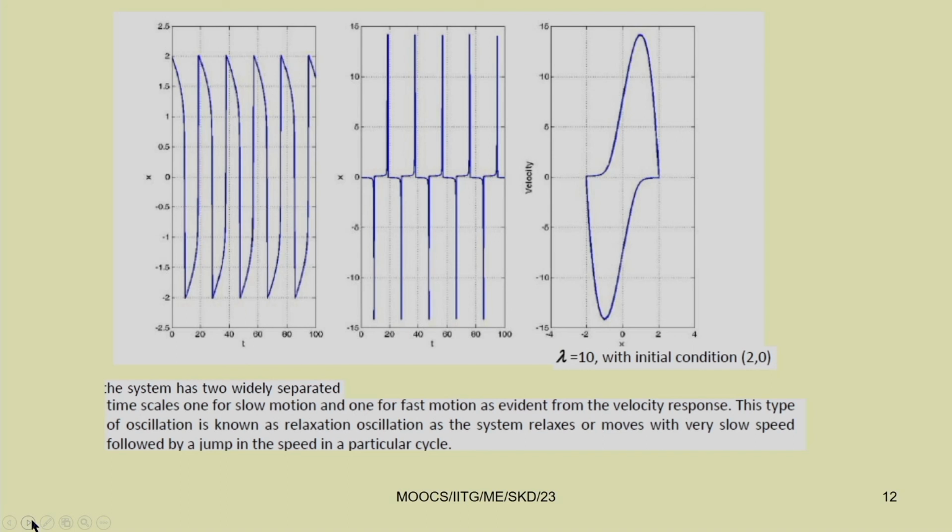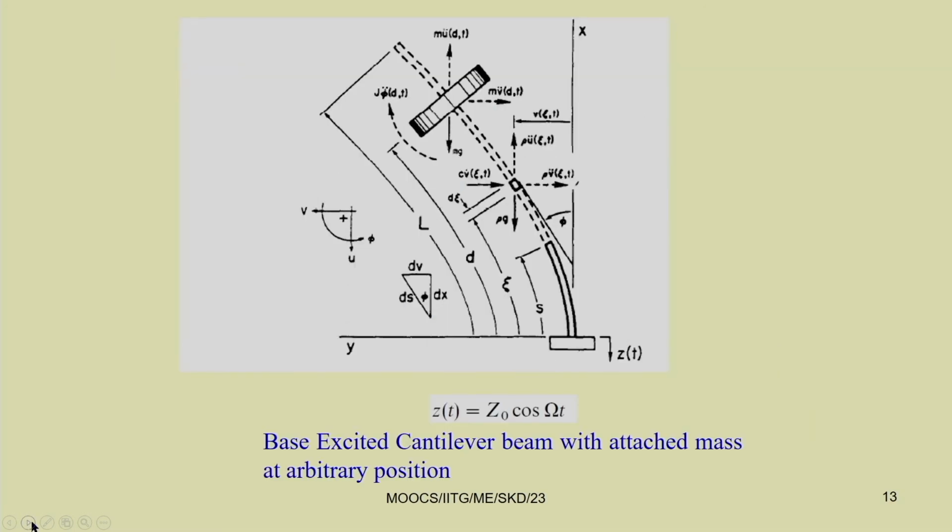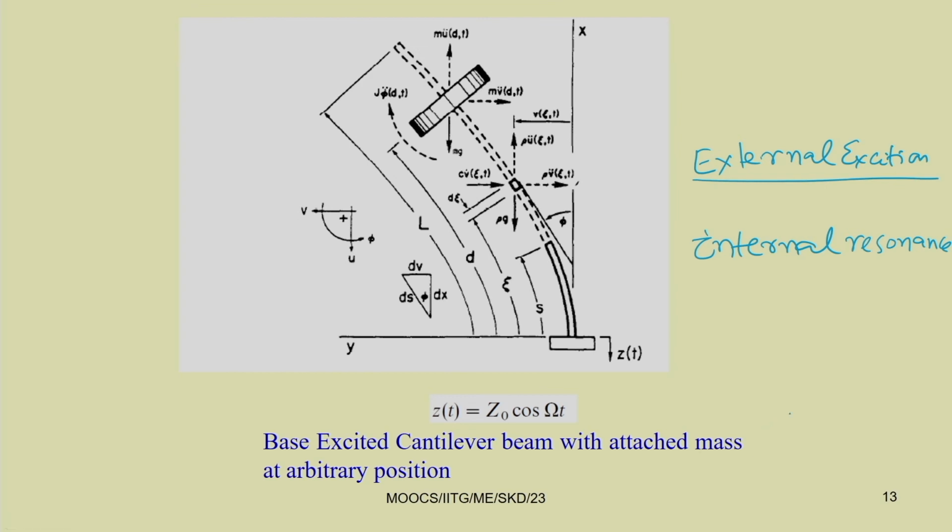In case of the van der Pol oscillator, by taking this lambda value very high, we can get this relaxation oscillation. Similarly, we have studied the system with internal resonance. Though we are very much acquainted with external excitation leading to external resonance condition, in this case we have studied internal resonance.